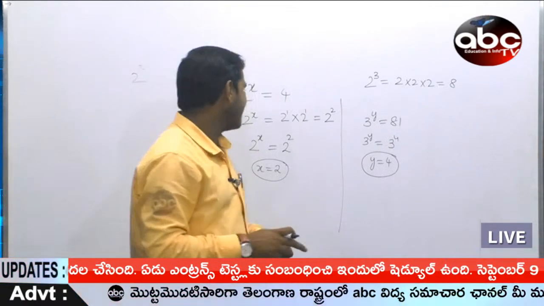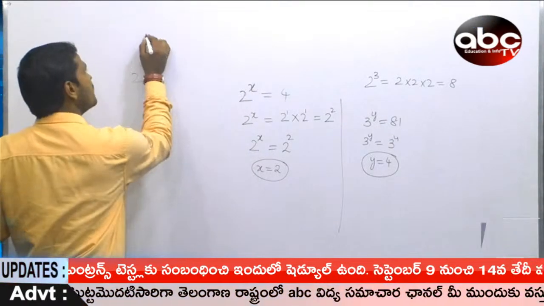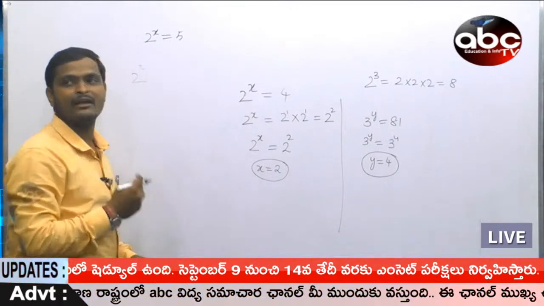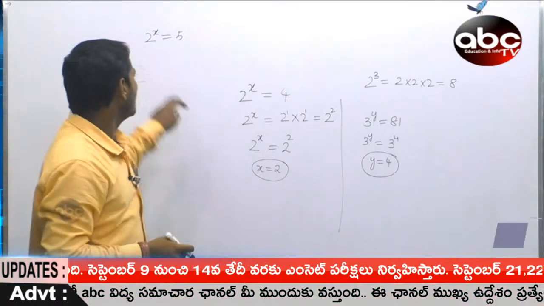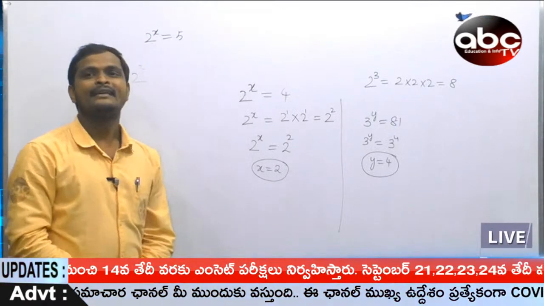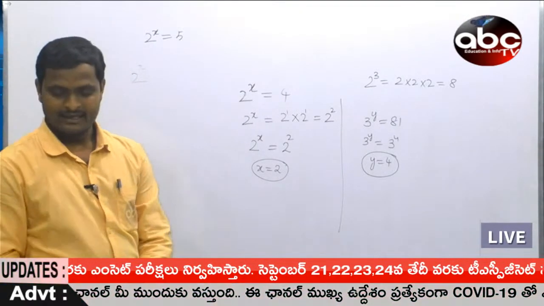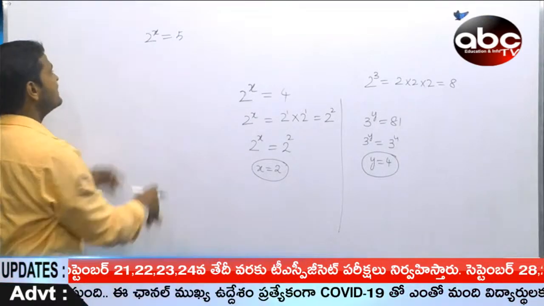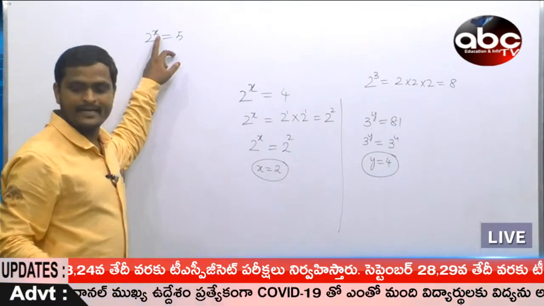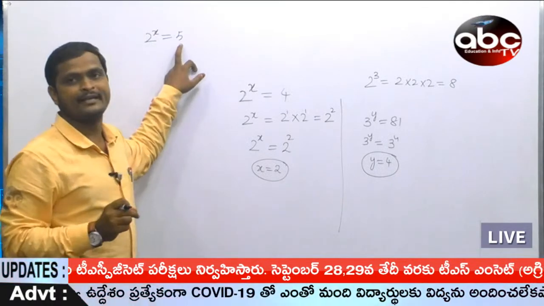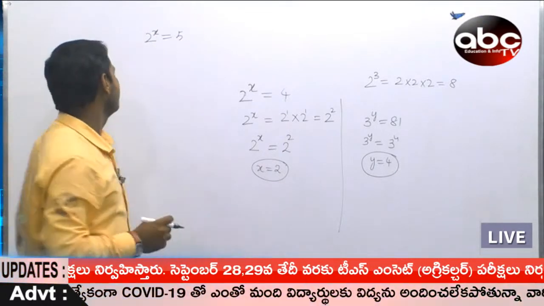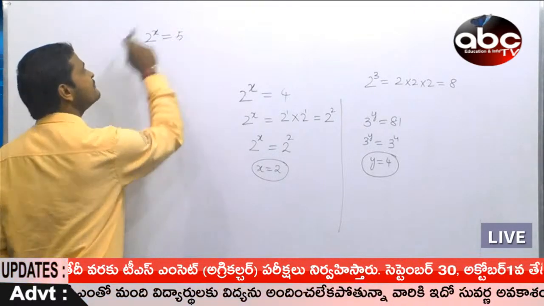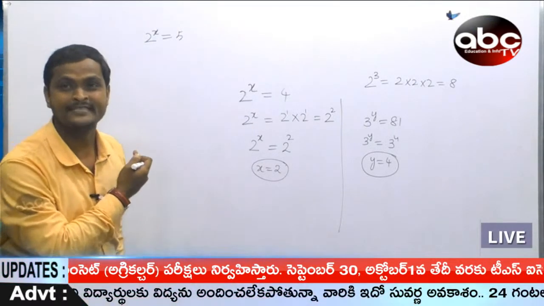Now tell me one thing. Suppose 2 power x is equal to 5. Then what is the value of x here? Here observe, students. We cannot express 5 as a power of 2.